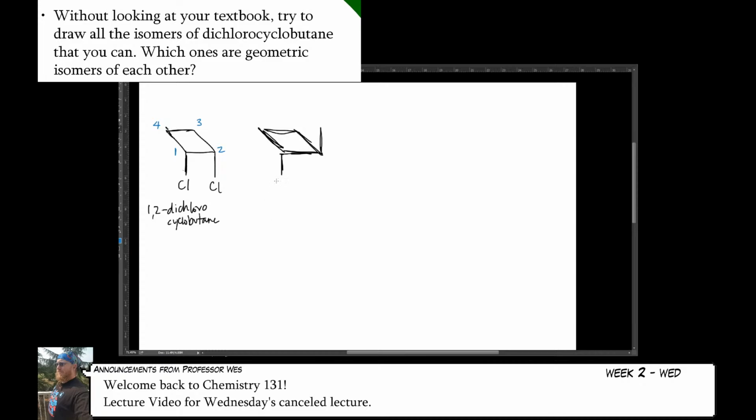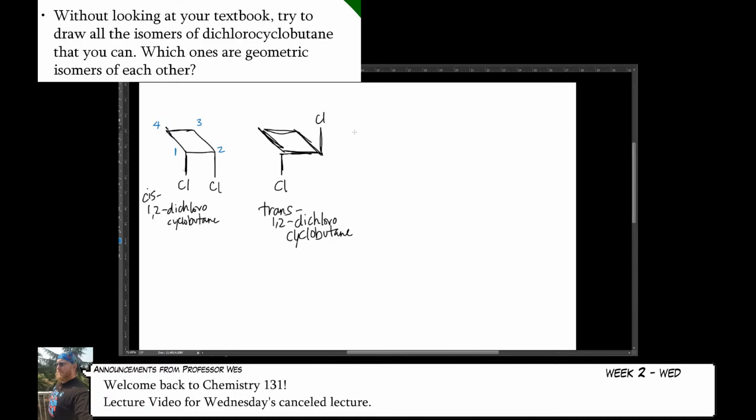Oops, I forgot my cis here. Because this would be trans. Oops, I misspelled. I didn't really misspell, I just miswrote. That's supposed to be an R. 1,2-dichlorocyclobutane. I don't want to put this hyphen here. So this should all be one word. I'm just trying to save on space. Dichlorocyclobutane should all be one word.